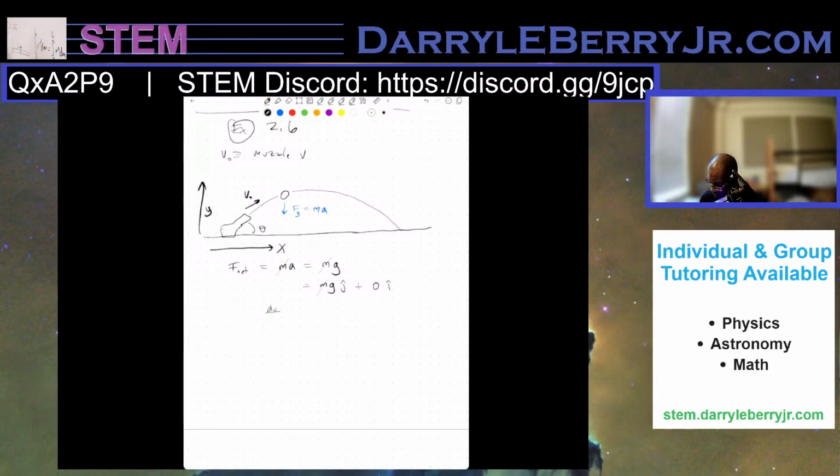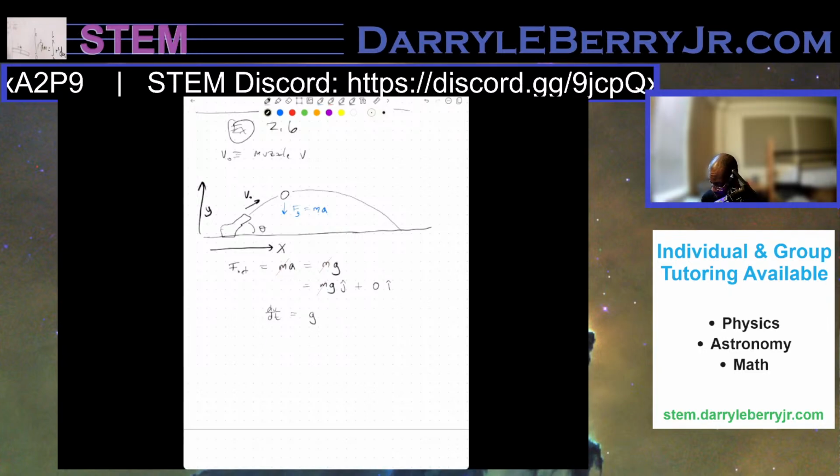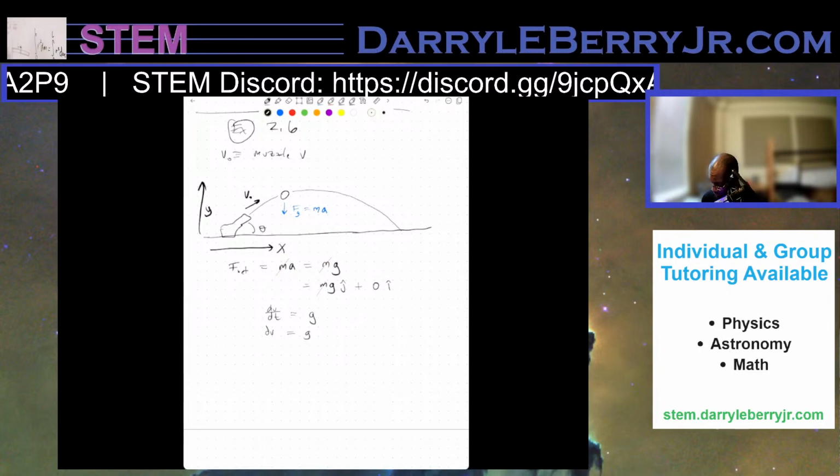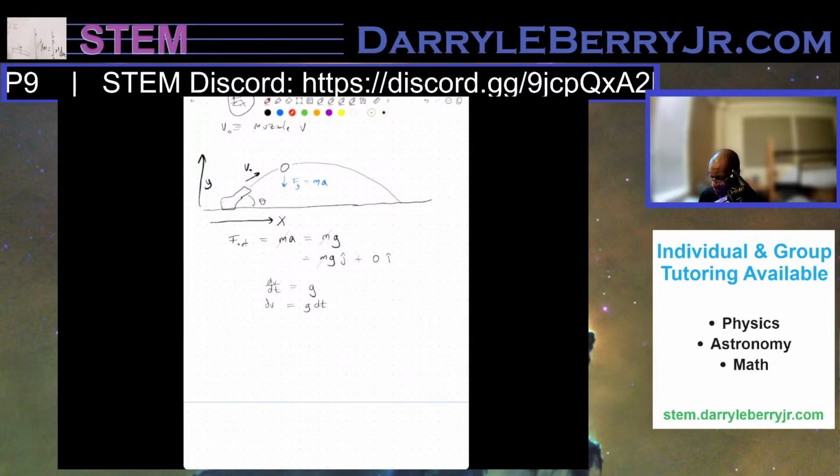So dv over dt equals g, dv equals g dt. Okay, integrate both sides.